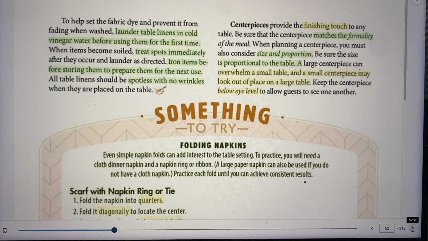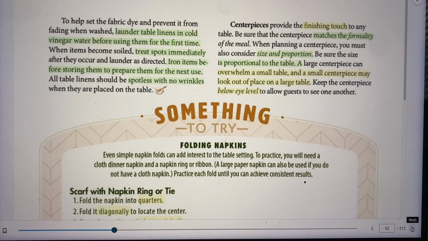So, centerpieces. Centerpieces can be any size, anything you want. They don't have to just be flowers, and they're kind of the finishing touch, kind of has the theme in your centerpiece. You must consider the size and proportion of them though. I've had table centerpieces that were too big that the people couldn't even talk to each other.